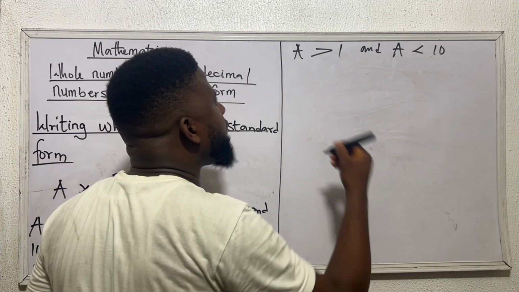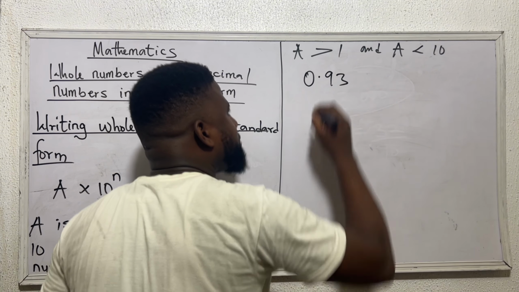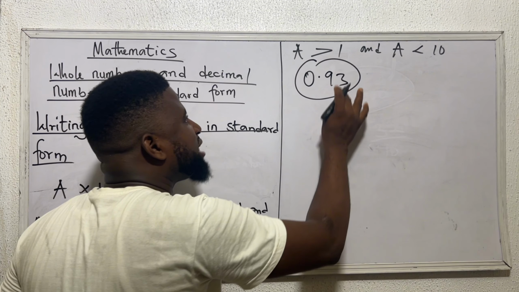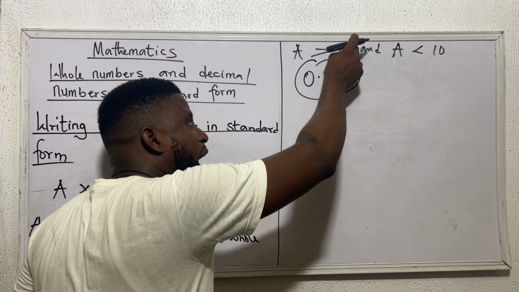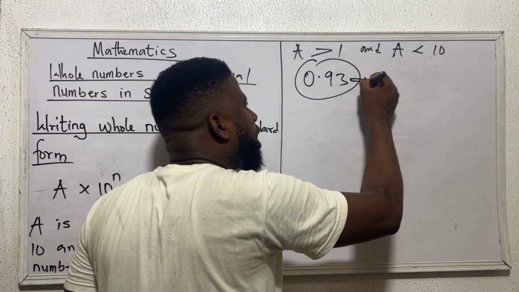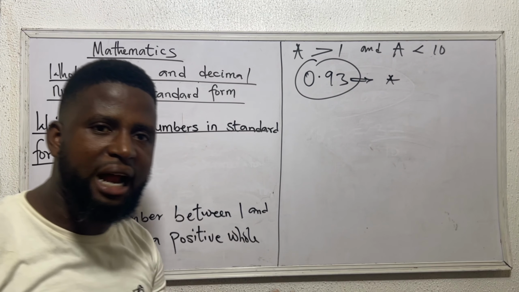In a situation where your a is 0.93, because 0.93 is not up to 1, it is not a number in standard form.